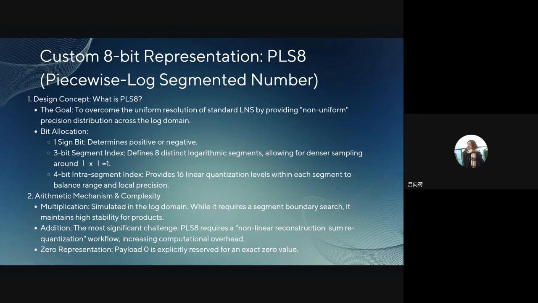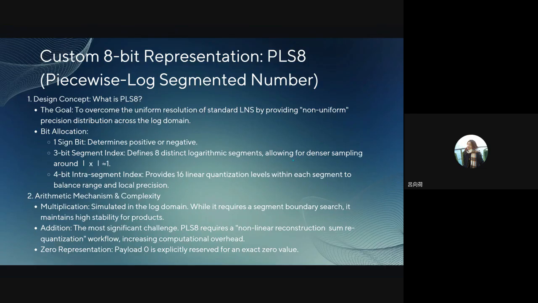Next is the custom 8-bit representation. We call it PLS8. Our design concept is to overcome the uniform resolution of the standard LNS by providing non-uniform precision distribution across the log domain.